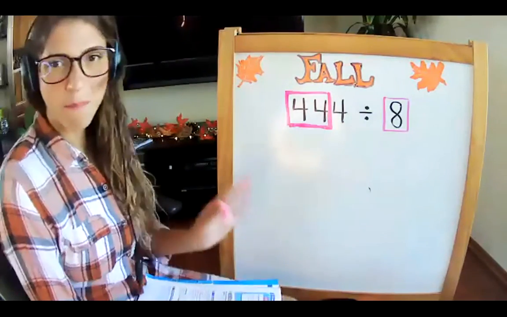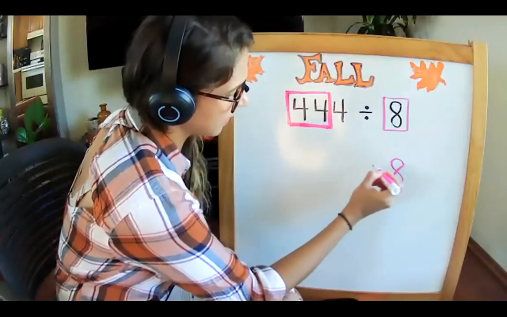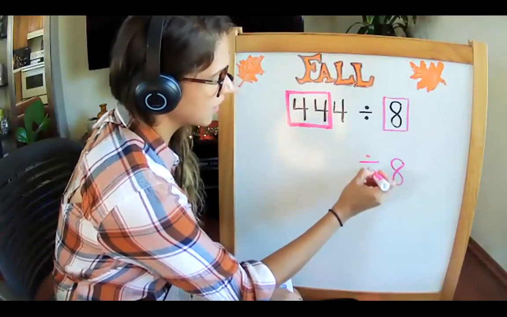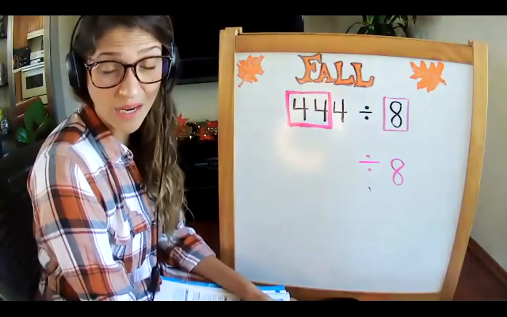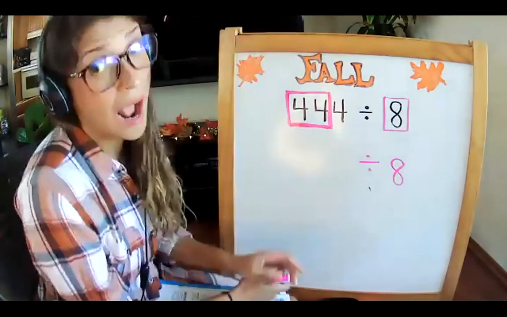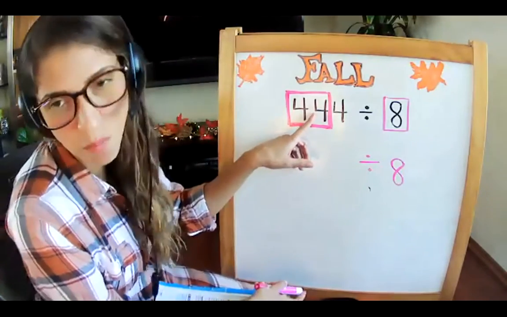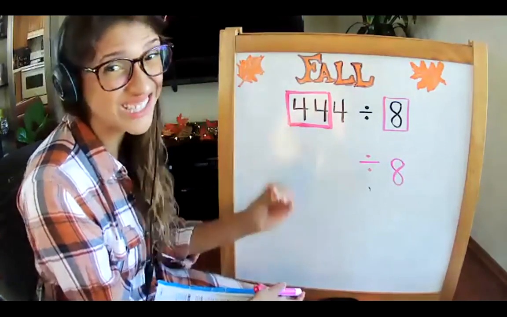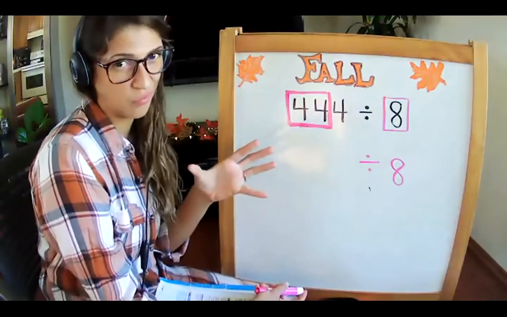Now that I have my basic facts boxed, I know I'm going to keep my 8 because that's my times table. But 44 is not in the 8 times table. So using my divisor, I'm going to figure out what number I can change my 44 to that's still in my 8 times table and really close to 44.